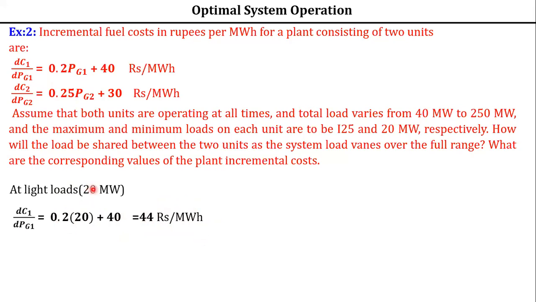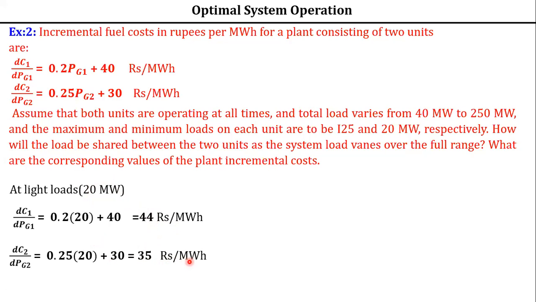Getting the same minimum load, that is light load, substituted in plant 2, you are going to get this incremental fuel cost. So if you want to generate 20 megawatt power, at light load, it takes 44 rupees per megawatt hour for unit 1. But plant 2 takes 35 rupees per megawatt hour. Understood, at light load.